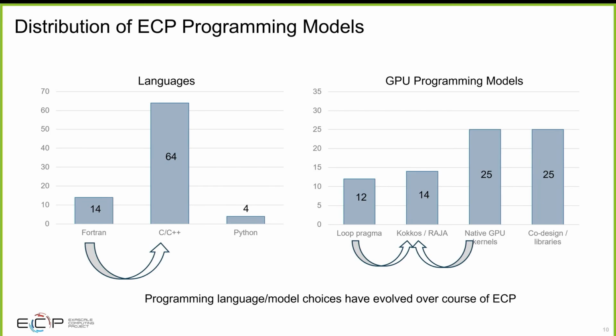And like, say, the OpenMP compiler might support C++ much better than it does Fortran. Fortran might be more of an afterthought. And so it kind of creates this reality. And there are obviously other reasons. I'm not really interested in debating it, but we've seen a big migration from Fortran to C and C++ during the project. It went from about a third to now, whatever 14 divided by 64 is.